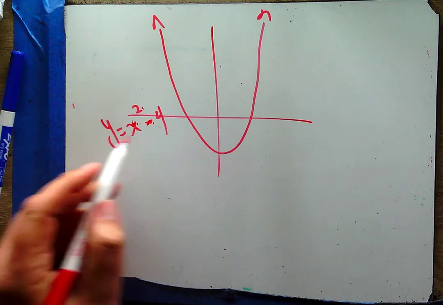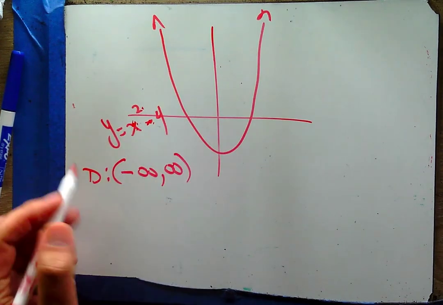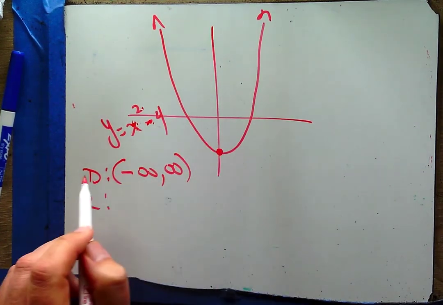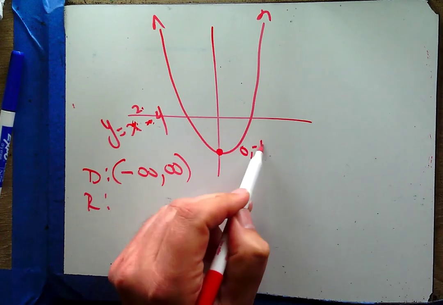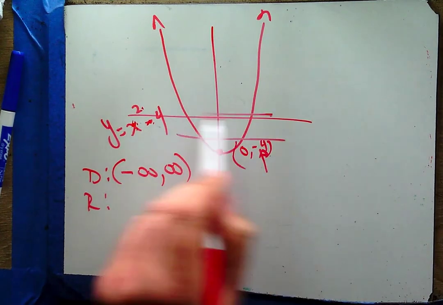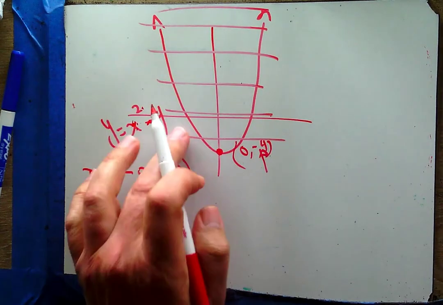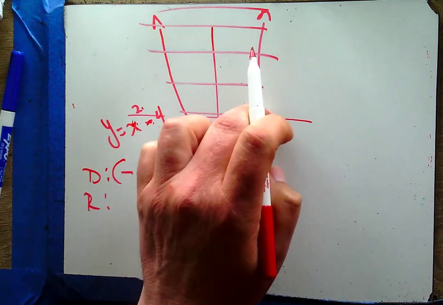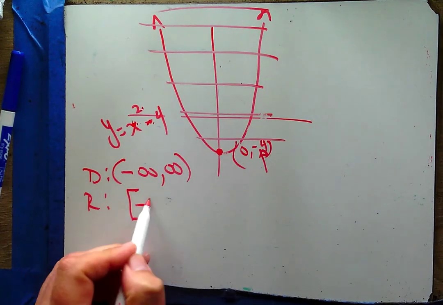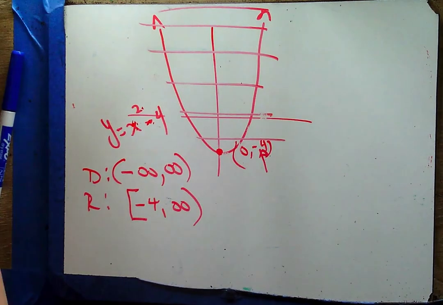All right, so domain then goes from negative infinity to infinity. But the range, well, I can't generate all the possible y values. This y value here is the lowest y value. And then if I look across, all these y values are going to be covered by different x values going into that function. So I think my range starts at negative 4 and goes to infinity. Okay?